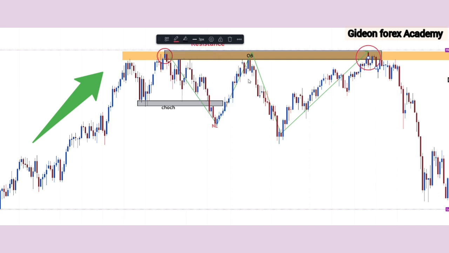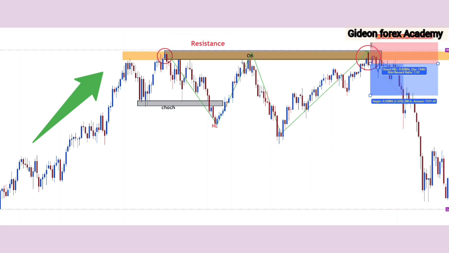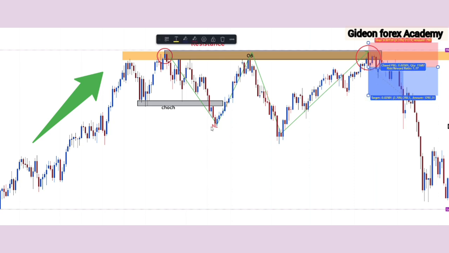I would consider that bearish engulfing candle and place my sell position there. I would place my stop loss just above and target this previous new low, or even target this one here.